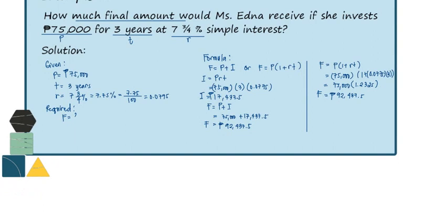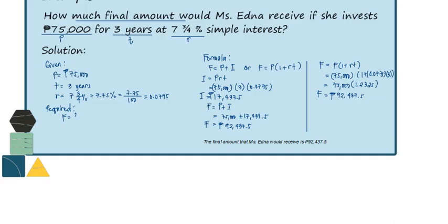And then, for the conclusion, again, we are going to answer the problem. So you'd say the final amount that Miss Edna would receive is 92,437.5 pesos.